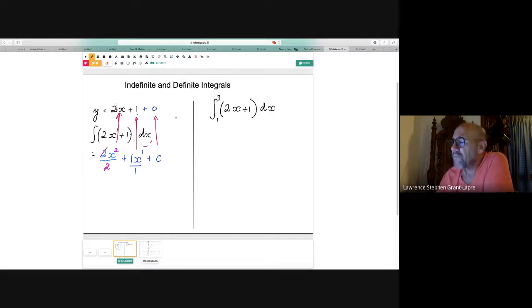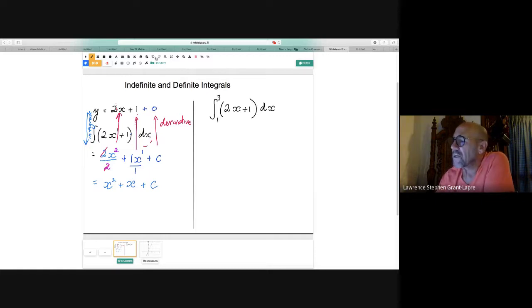So if you get the derivative, you work backwards, and this direction is antiderivative, which we call integral, to go from 2x plus 1 to x squared plus x plus c. So our indefinite integral is x squared plus x plus c.